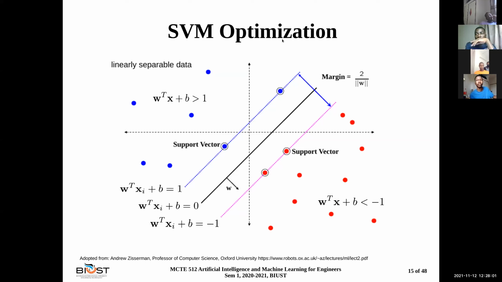So let's write it down. This is your support vector on the positive side and your support vector on the negative side.